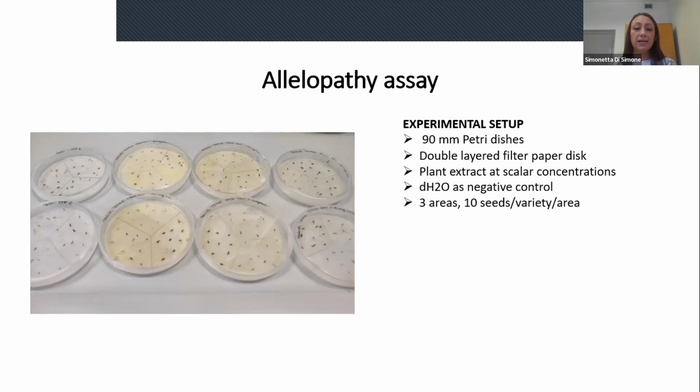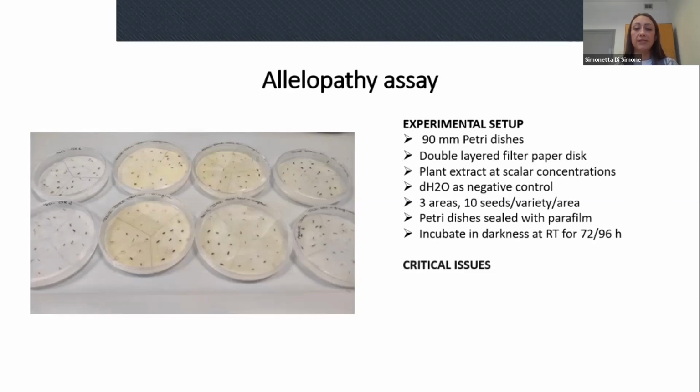And we put 10 seeds for each variety in each area. After that, we seal the Petri dish with parafilm to ensure a closed system model. And we incubate them in darkness at room temperature for 3 or 4 days, so 72 or 96 hours.